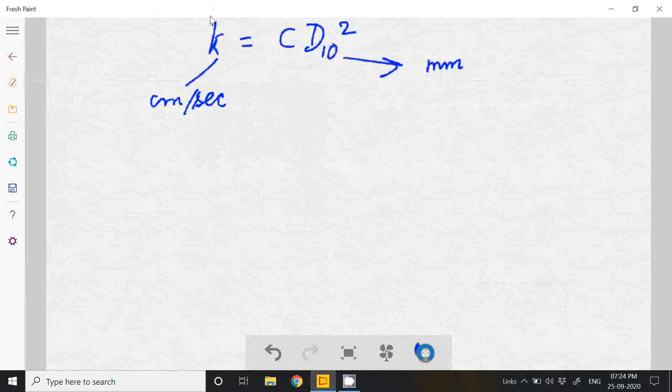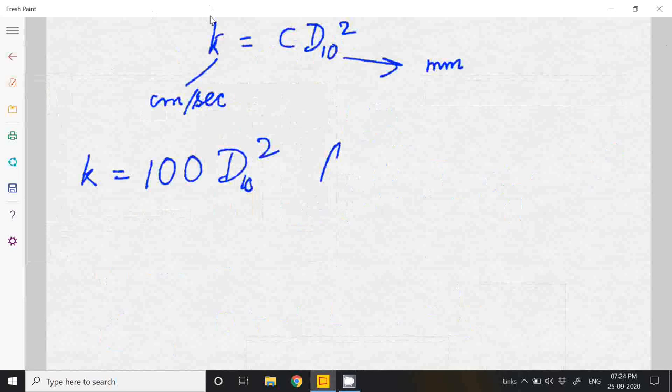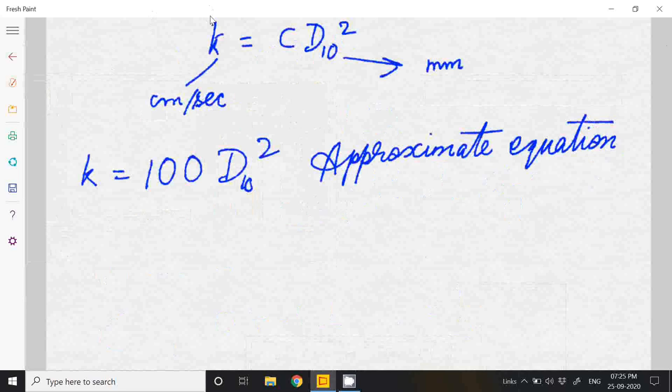Now another approximate equation that can be used is K is equal to 100 D10 square, where K is in centimeter per second and D10 is in cm.